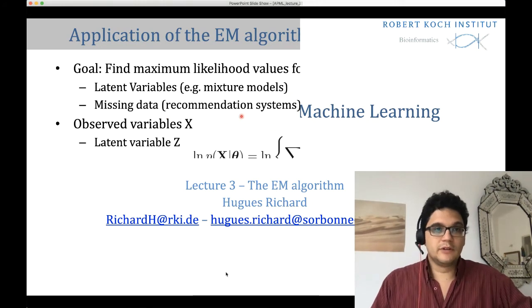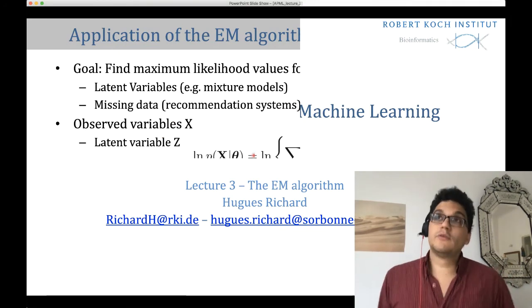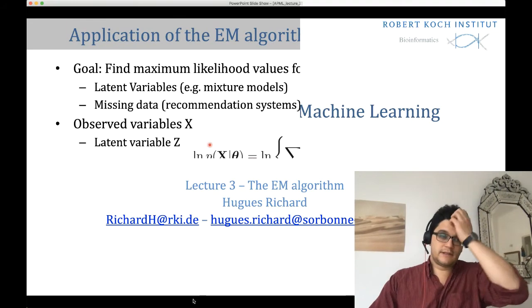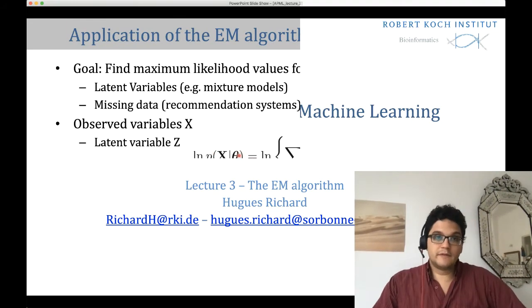Okay, and so in both cases, you observe the variable X, and in the case of a mixture model, you have your latent variable Z. So how can you maximize your likelihood? You can say, okay, let's try to write the log likelihood of my data. I take the logarithm of the probability of X given my parameters theta.